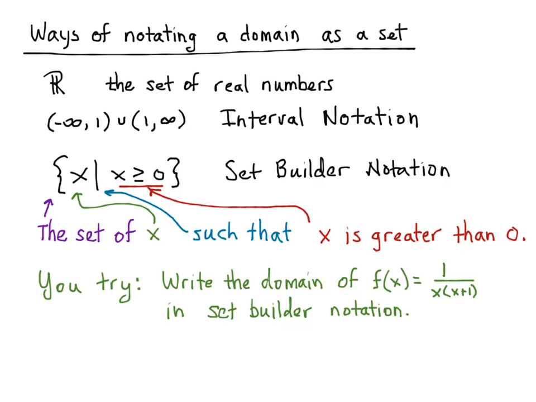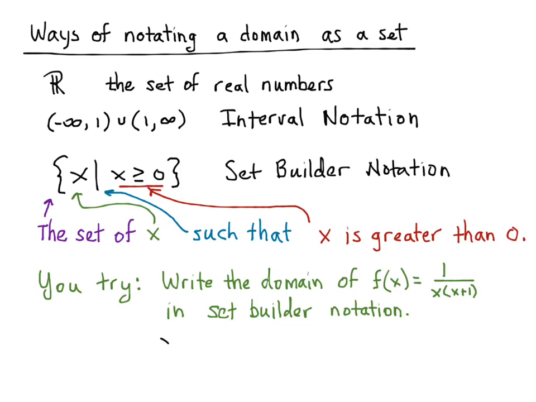Okay, so let's see. To get the domain of this function, you can't divide by 0. So this expression x times x plus 1 should not equal 0. So what values make it equal 0? Well, there's two values that make it 0, right? If x is 0, we have division by 0. And if x is negative 1, we have division by 0. So basically the domain is going to be all real numbers except x equals 0 and x equals negative 1.